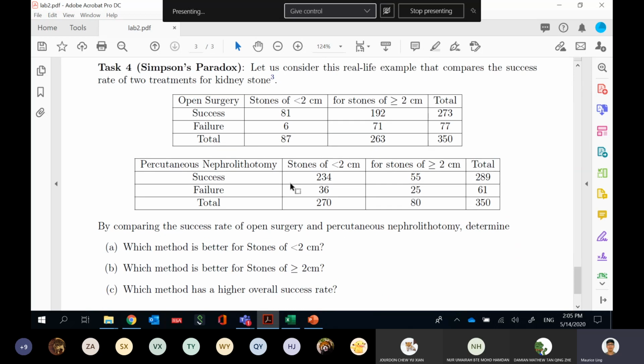So which method is better, open surgery or percutaneous, for stones that are less than 2 centimeters? Which one seems to be better?